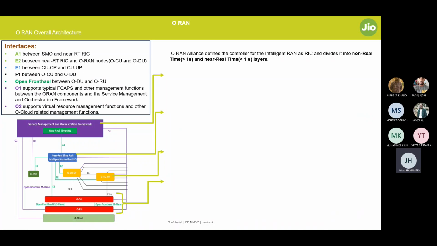Open RAN nodes include the OCU and ODU. This is interface E2. Interface E1 is connecting the OCU CP with the OCU UP, the interface connecting the control with the user data.